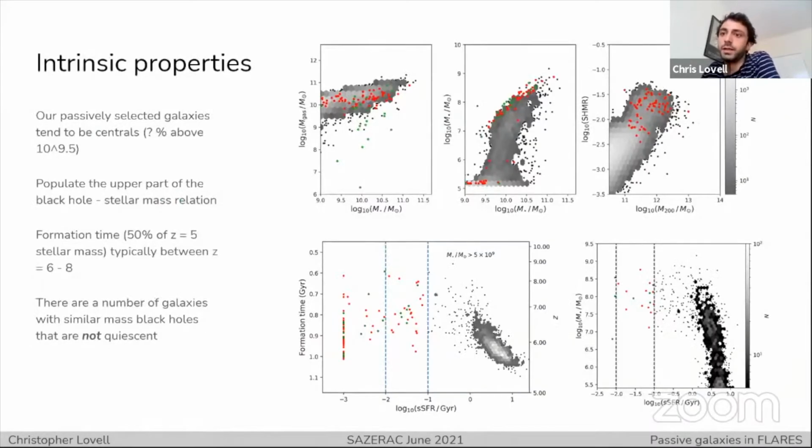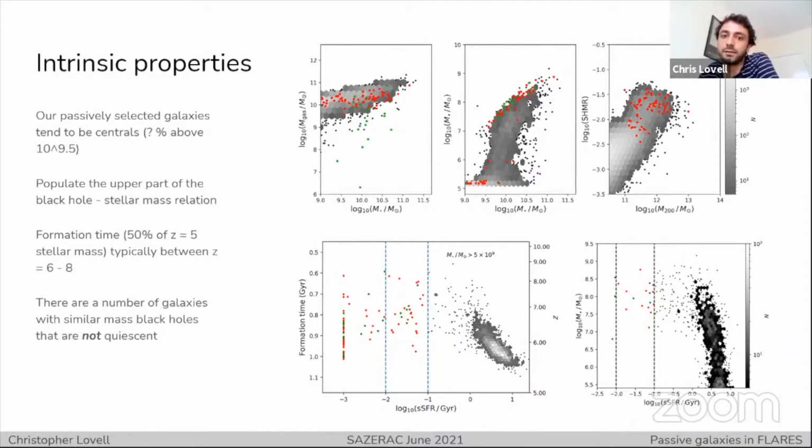So looking at the intrinsic properties of these passive galaxies, they tend to be centrals. The main plot here is the one in the middle at the top, they populate the upper part of this black hole stellar mass relation. So their black hole mass at fixed stellar mass is high compared to the majority of the population. The time at which they formed 50% of the stellar mass, we define as the formation time.